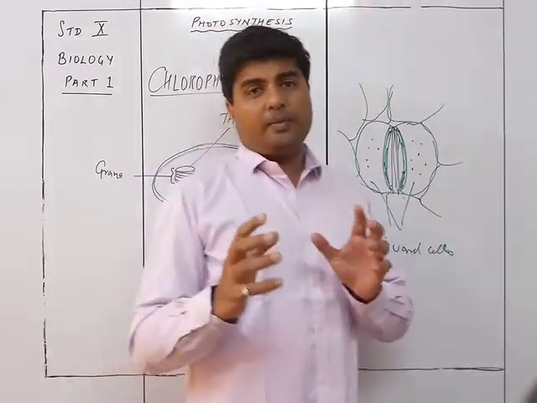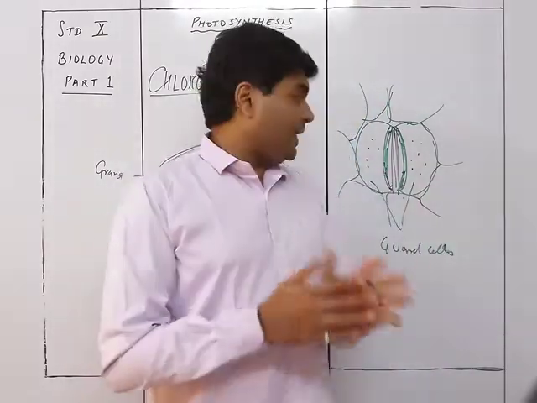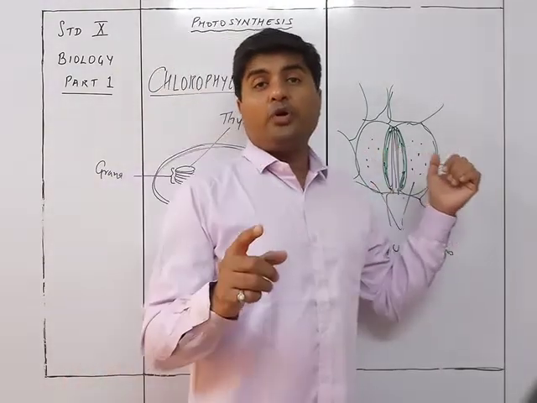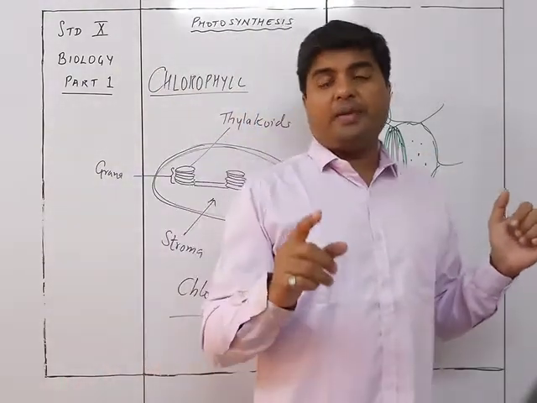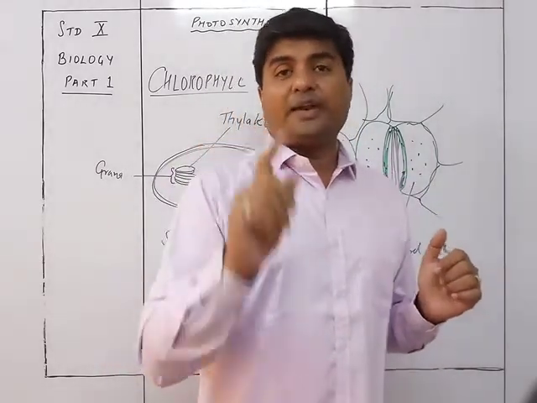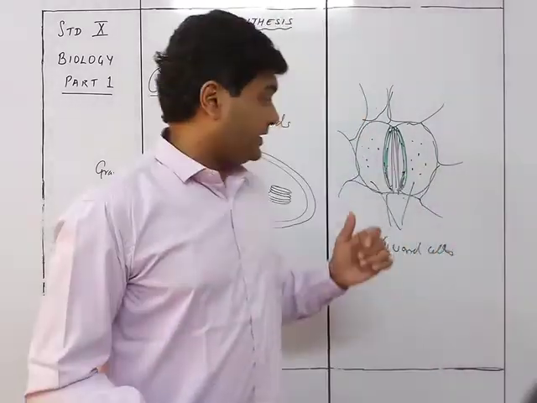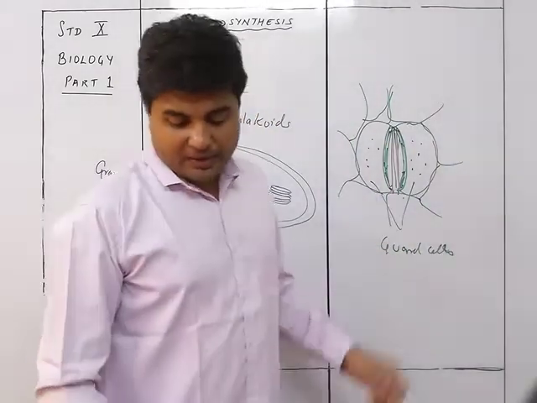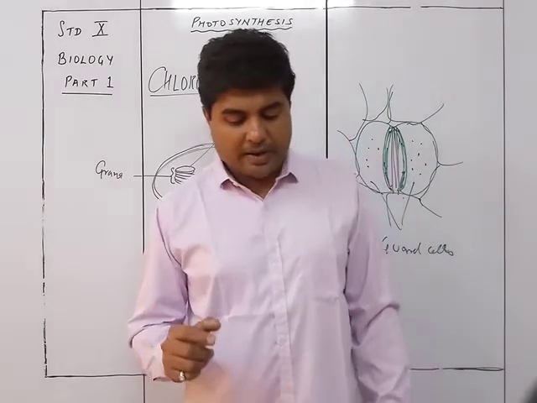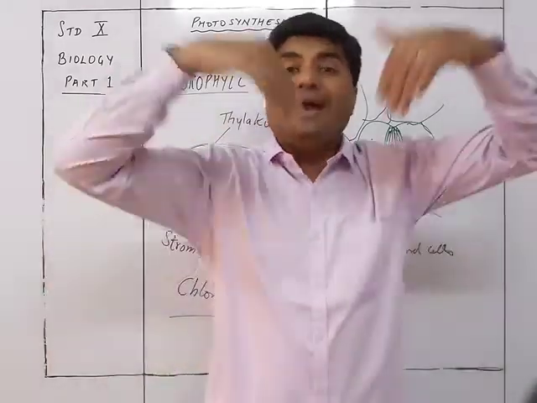So the ATP which is formed over here is going to do active transport. There will be an active transport of the K plus ions, the potassium ions which are present in the neighboring ones. Okay, so ATP is used to actively pump the potassium ions of the adjacent cell into the guard cell.